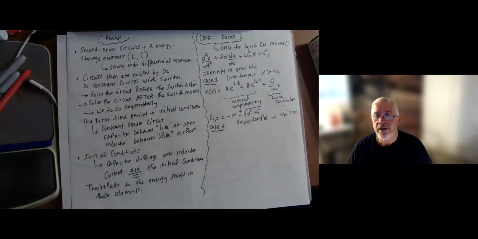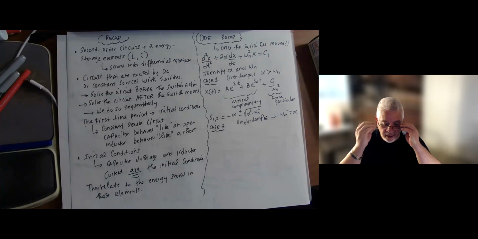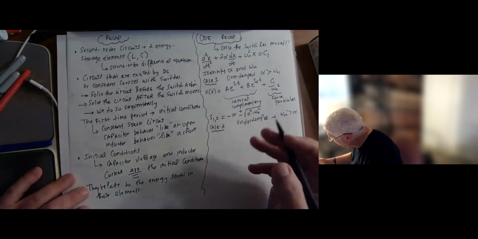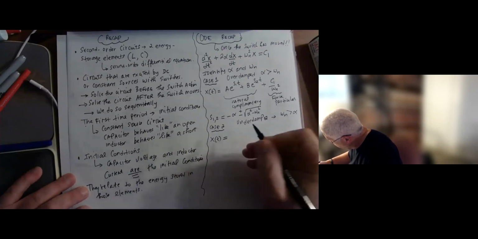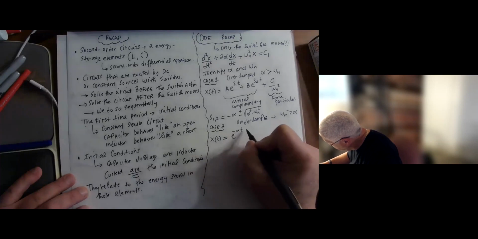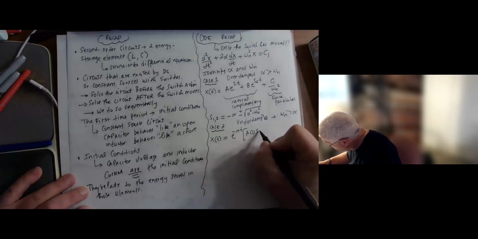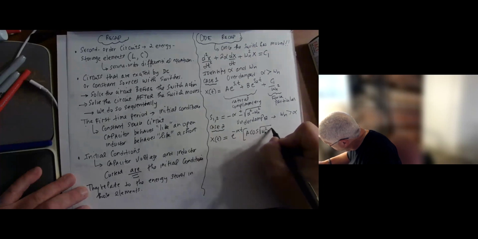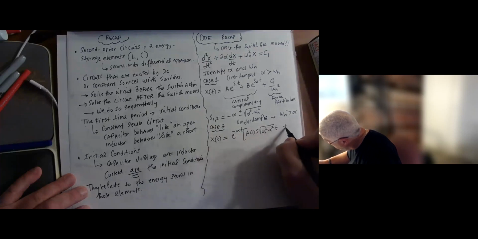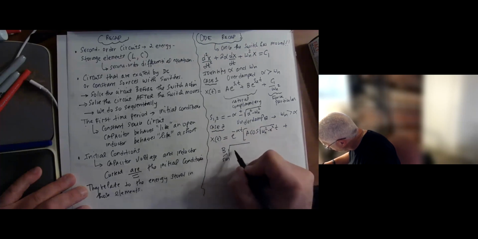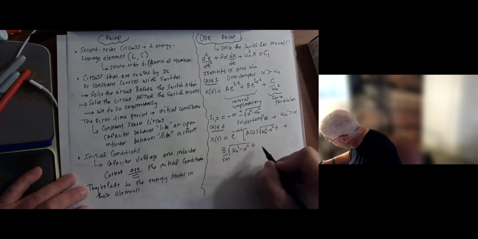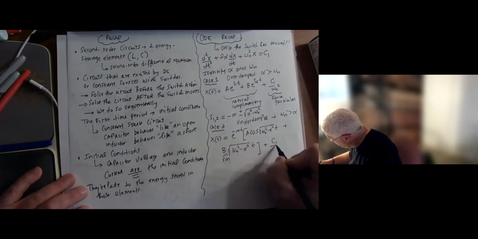This is the oscillation case. So in case two, x of t is equal to e to the minus alpha t times A cosine of the square root of omega n squared minus alpha squared times t, plus B sine of the square root of omega n squared minus alpha squared times t, close bracket, plus C1 over omega n squared.